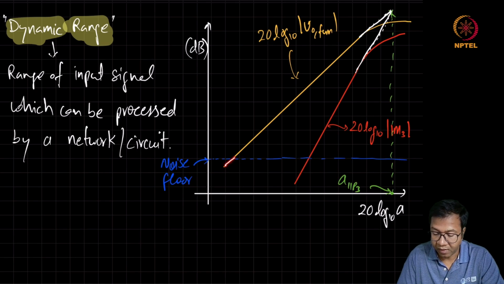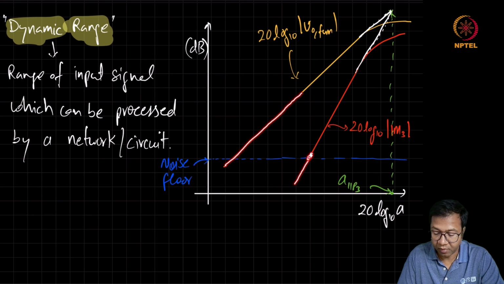If we start increasing the input strength, output strength increases, but at the same time, intermod component is increasing, and beyond a value of a small a, we see that this intermod component is becoming higher than the noise at the output.